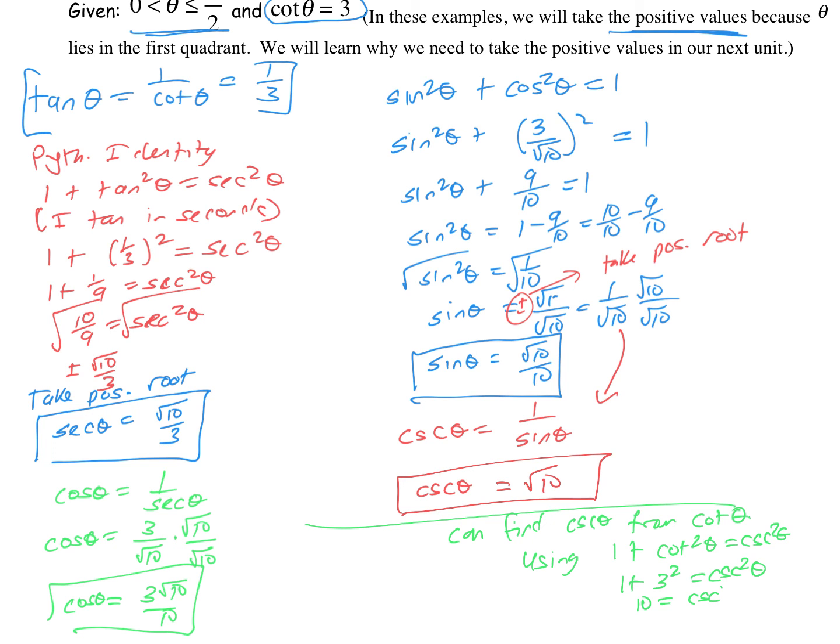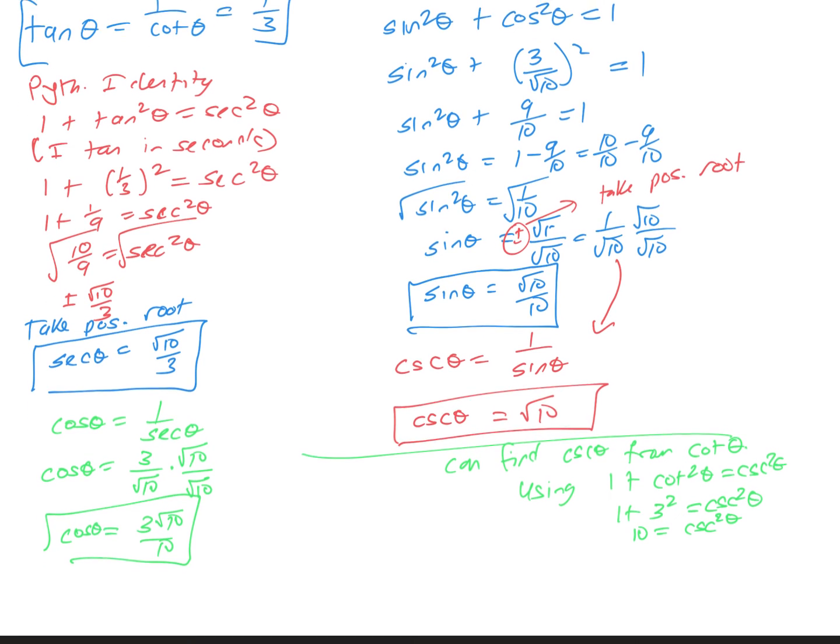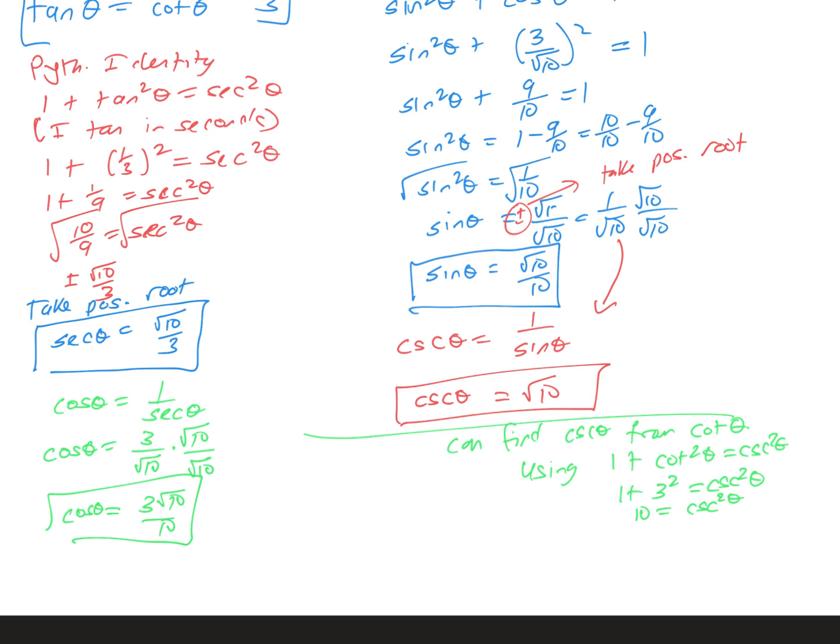And then take the square root of both sides. And we would get that cosecant theta is plus or minus rad 10, but we're going to take the positive root. So we get cosecant theta is rad 10. And then sine theta is the reciprocal of cosecant theta.